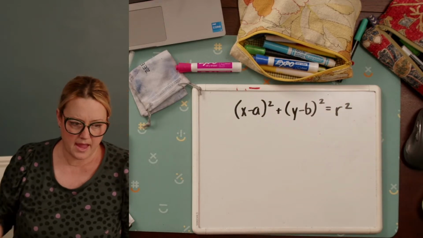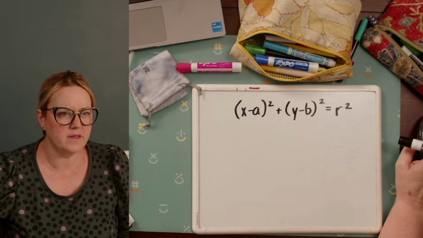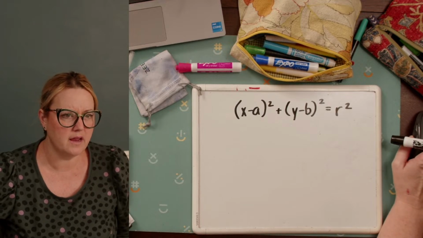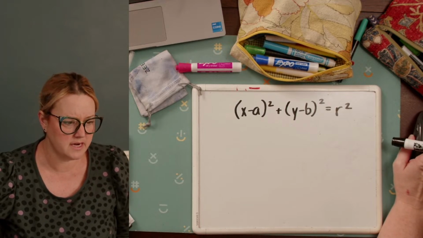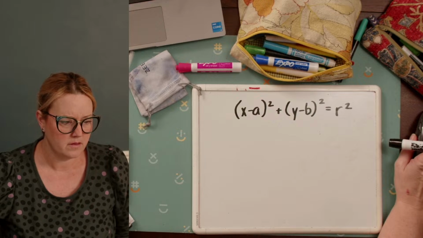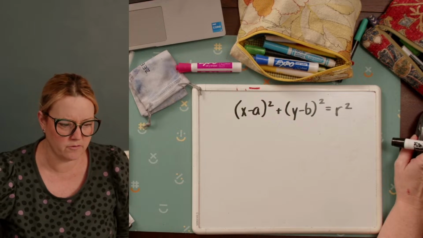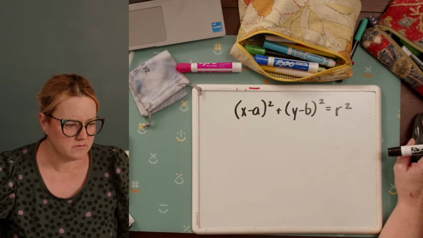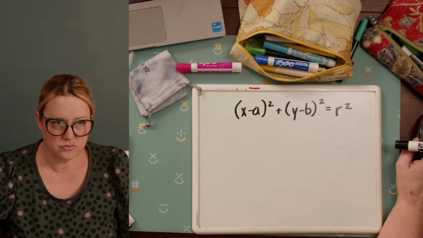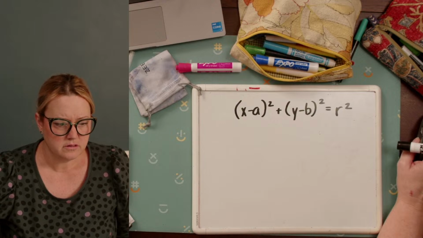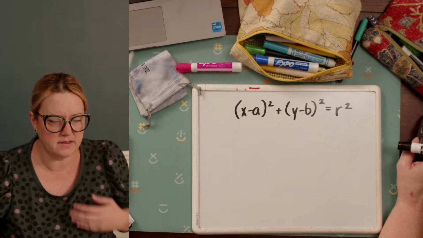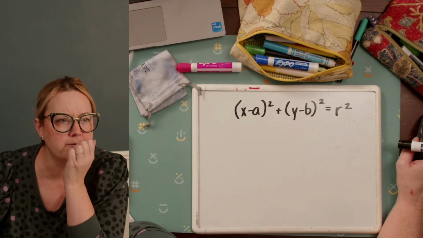And then what was the other form that you had said? I'm sorry, so there was standard form and general form? No, general form and standard form are the same thing. This is kind of the standard form of the equation.